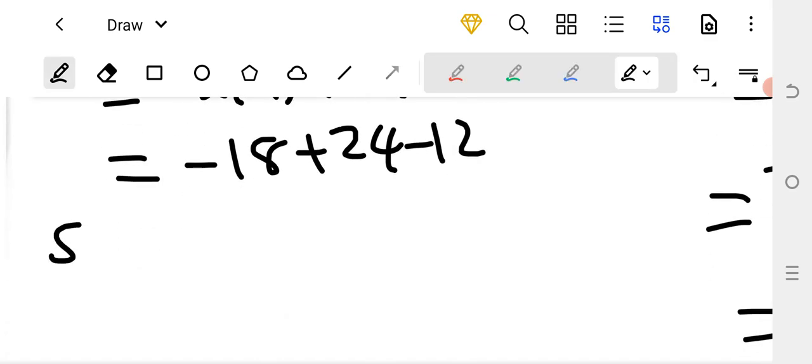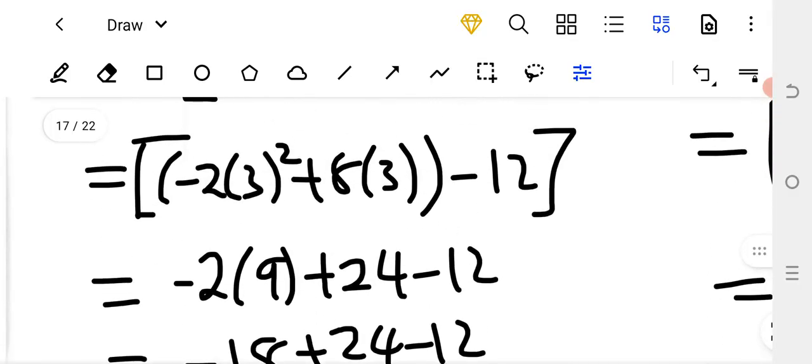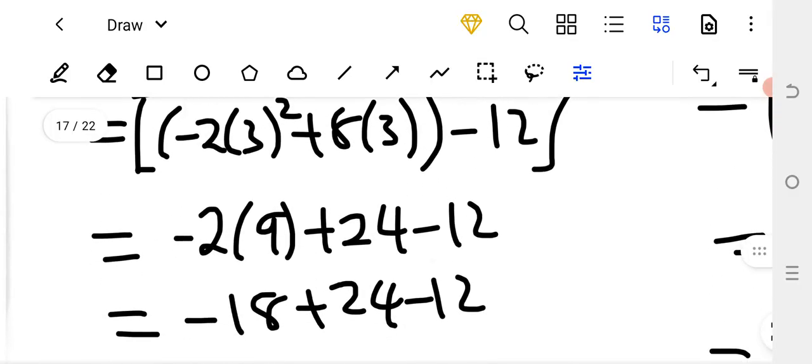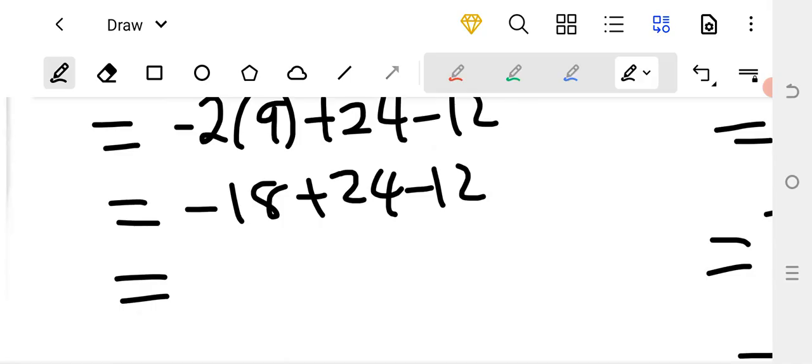So our S2, if you punch that into your calculator, negative 18 plus 24 minus 12 is going to give you negative 6 meters.